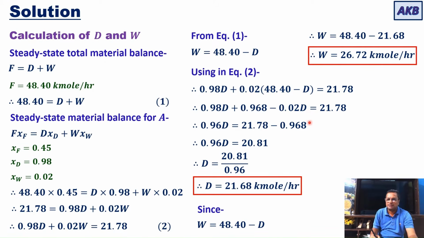So with this, we have got the values of D and W. We have solved the first question. Molar flow rate of the distillate is 21.68 kilomole per hour and molar flow rate of the bottom product is 26.72 kilomole per hour.